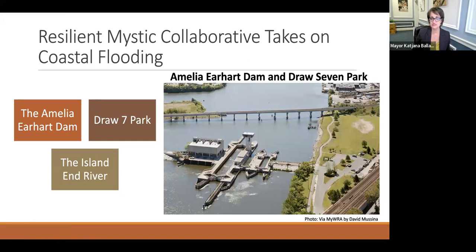The industrial district generates an estimated $7 billion annually in economic activity, and it already floods during coastal storms and king tides. With more than 15,000 low-income residents who live within this area, this project will help protect these homes and this vital food center from coastal storms and sea level rise.